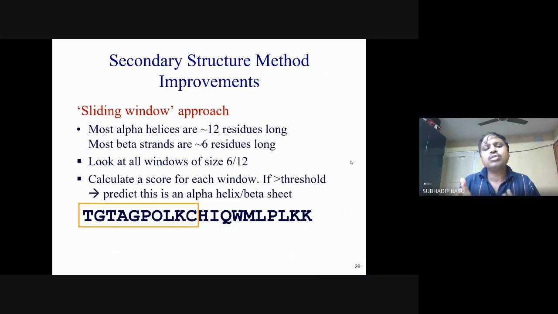So if we just try to predict alpha helix and beta sheets, and you find just one amino acid in between which is not a helix, while the other ones are predicted as helix, then probably it is an outlier, right? So we try to work on a neighborhood based approach.